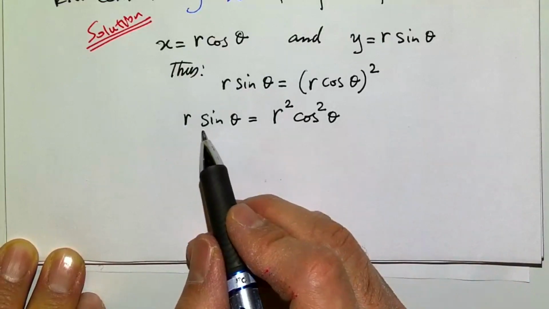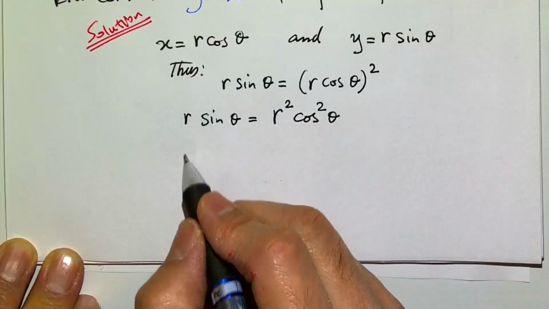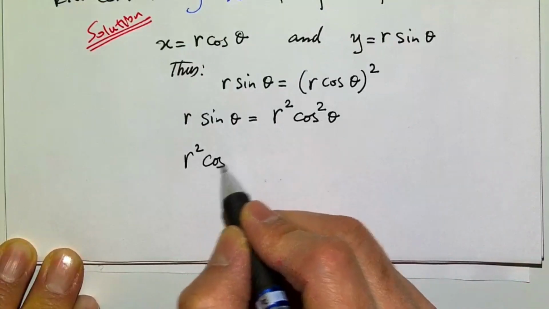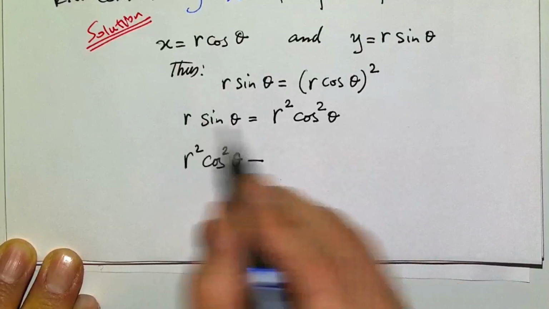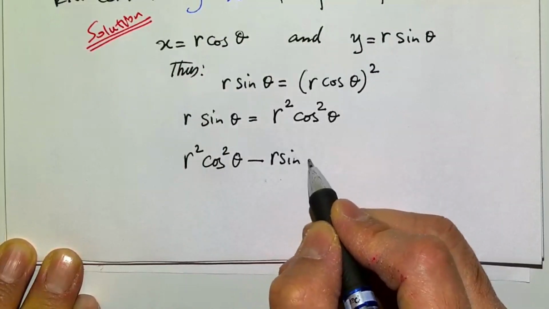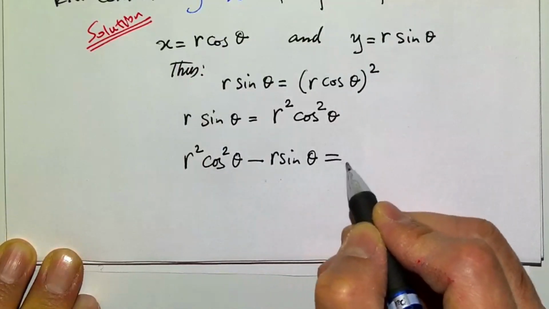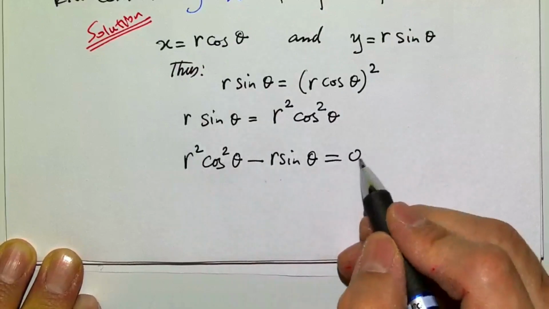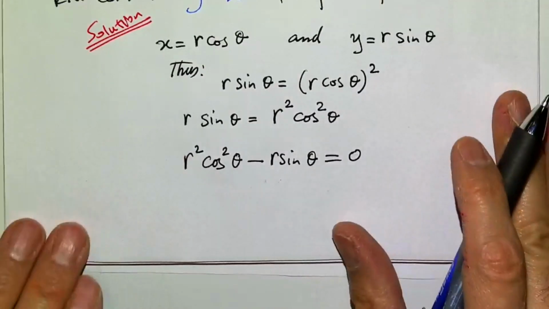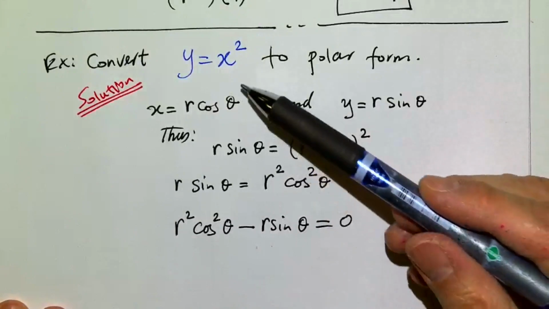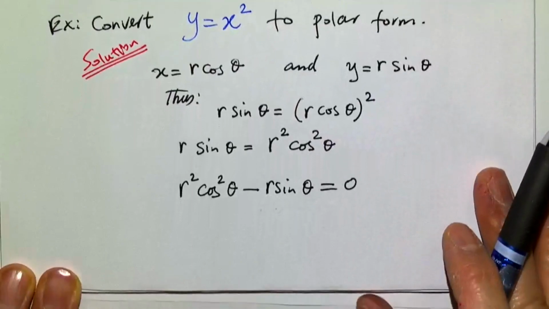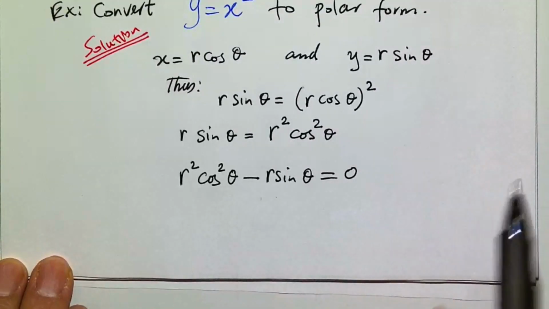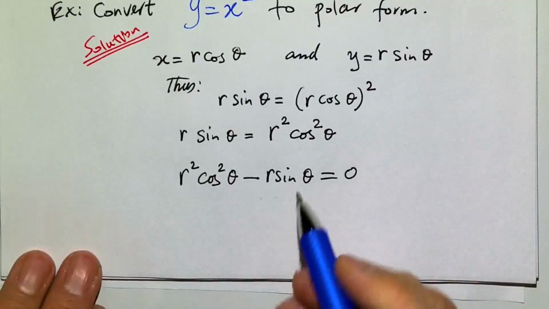It will make this negative and set the whole thing equal to 0. So r squared cosine squared theta minus r sine theta equals 0, with nothing left on the other side. So we began with our equation in rectangular form, and we were able to convert it to polar form. Okay, so this is what we have.